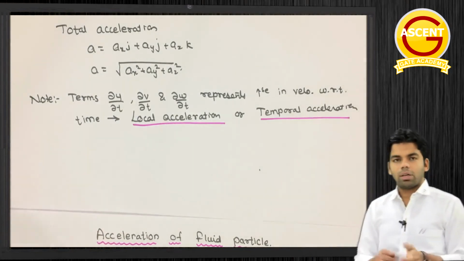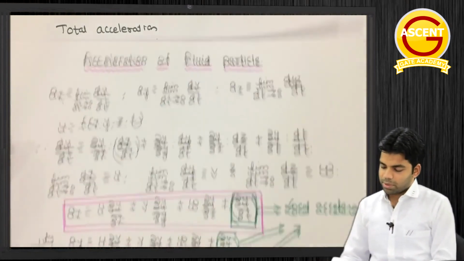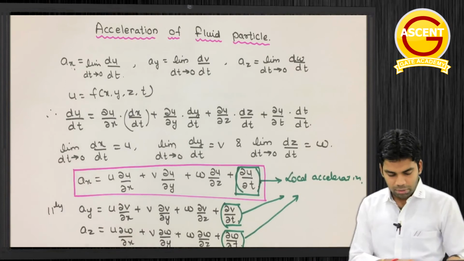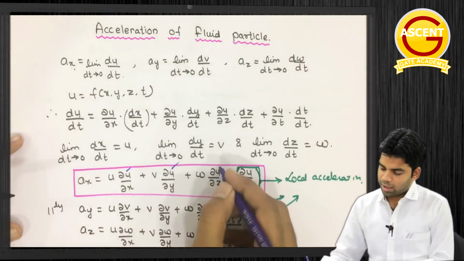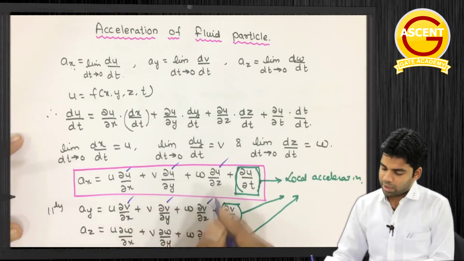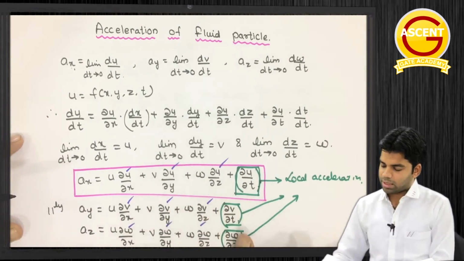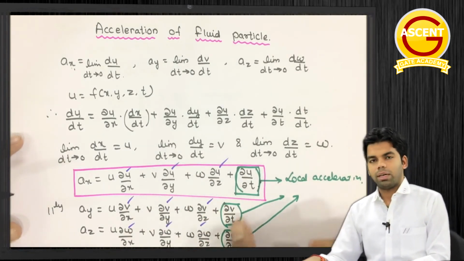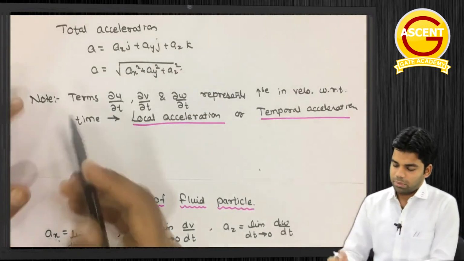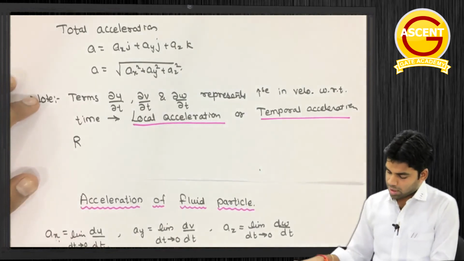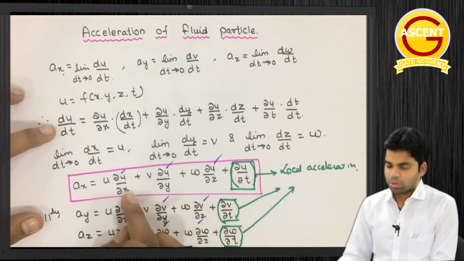Getting this now? Okay, and the remaining terms, all the remaining terms like del U by del X, del U by del Y, del U by del Z, del V by del X, del V by del Y, del V by del Z, del W by del X, del W by del Y, and del W by del Z, are all called the convective acceleration, because they represent change in velocity with respect to space coordinate.